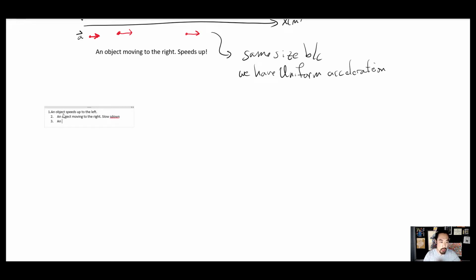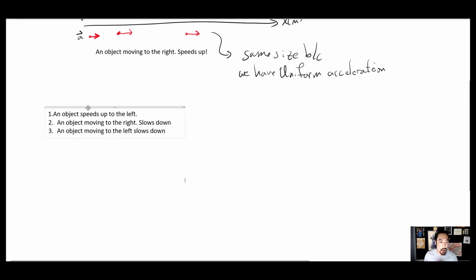Then we can say: an object moving to the left slows down. A lot of different combinations that we can do. Let's increase the font size for all of this. Yeah, 20. Whoa, that's big.